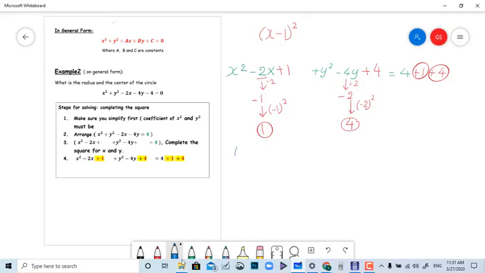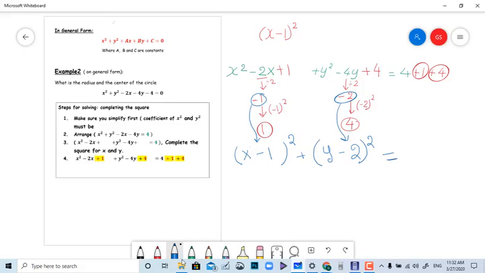In the first one, it will be x, and I'm going to take this -1 and put it here, (x - 1) all squared, and here I'm going to have my plus sign, and here I'll have y, and I'll take this number, which is -2, and put it here, (y - 2) all squared, equals.